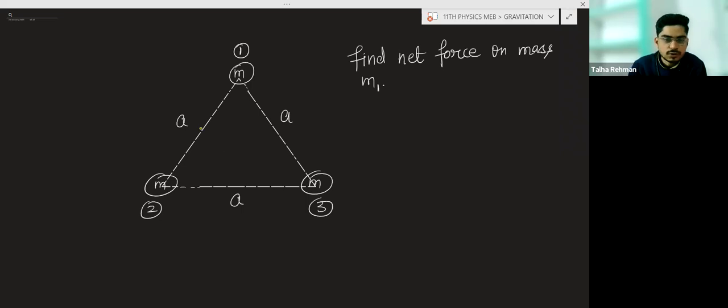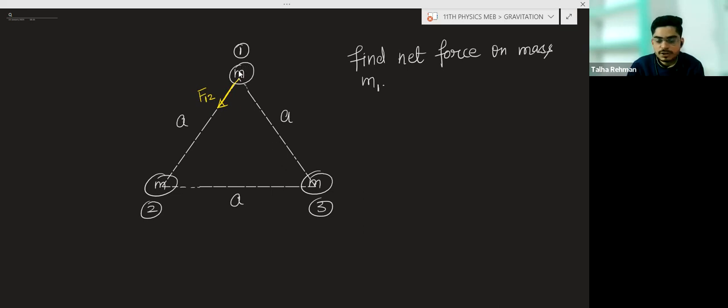On this mass M, the force due to this mass will be along this line, because this is the line joining the centers of the two masses. This mass M will attract this mass, so the direction of the force will be like this. This you can say is force on mass 1 due to mass 2.